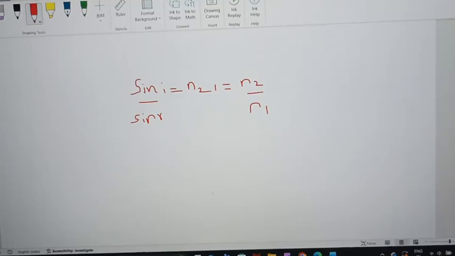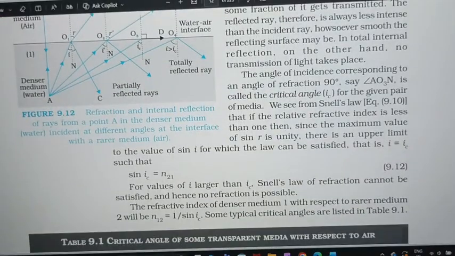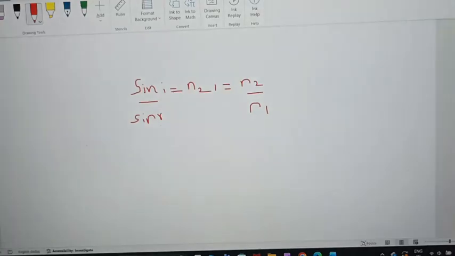For the critical angle I have to find out, our r will be 90 degree, and our angle of incidence will be the critical angle, isn't it? Now we can just take the inverse of this, sine r upon sine IC. Sine r meaning sine 90 degree. When the angle of refraction is 90 degree, what is happening? Sine of the angle of incidence will be the critical angle.